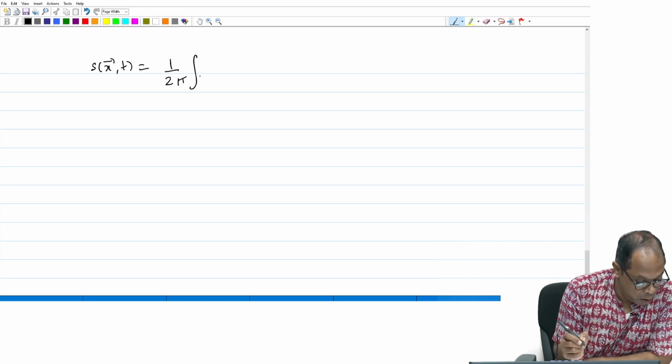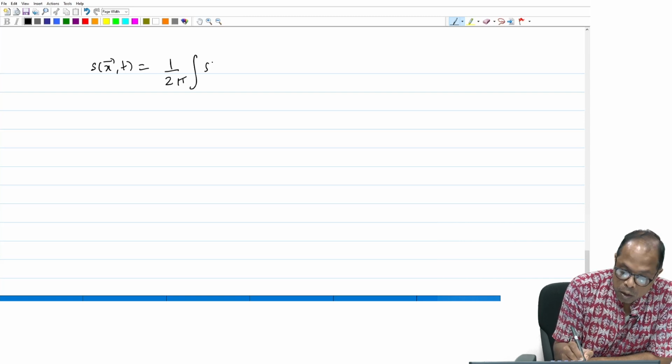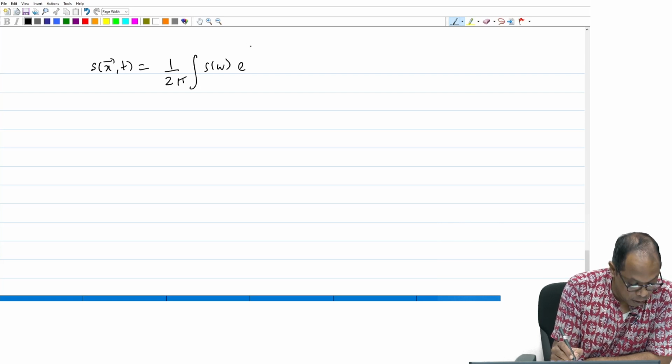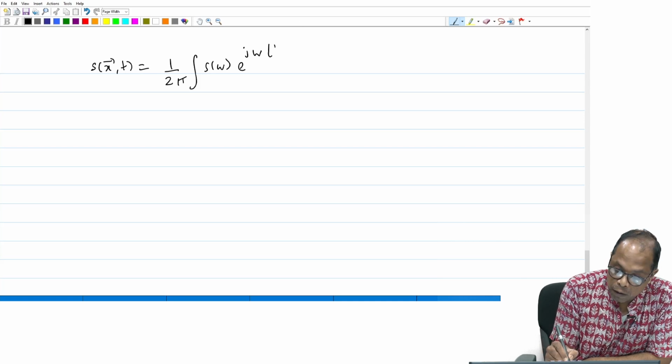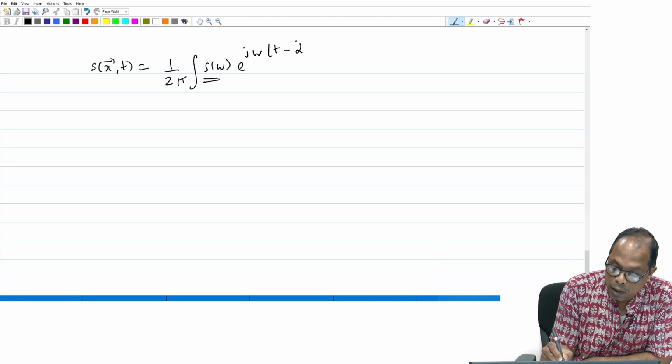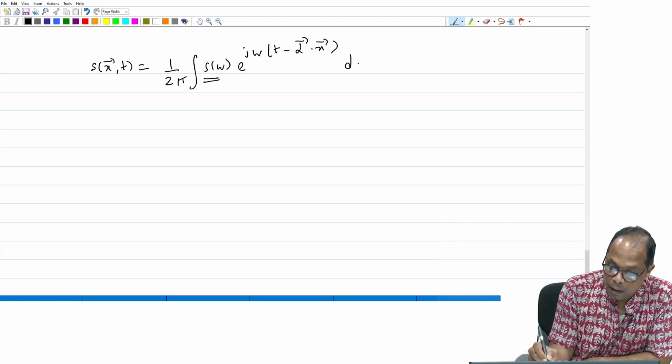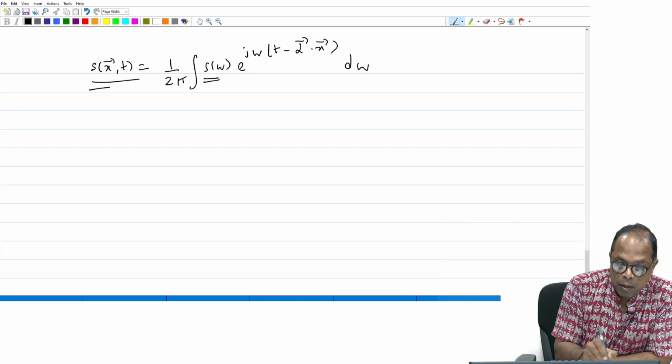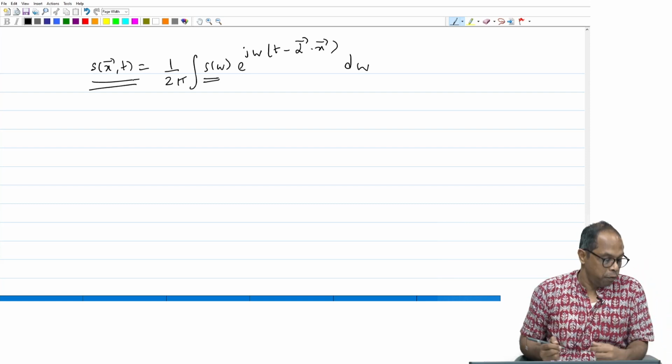You could add up these different solutions of your wave equation, weight them with S of omega, and you could create more complicated waveforms.